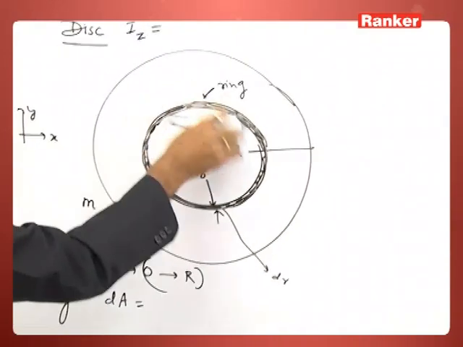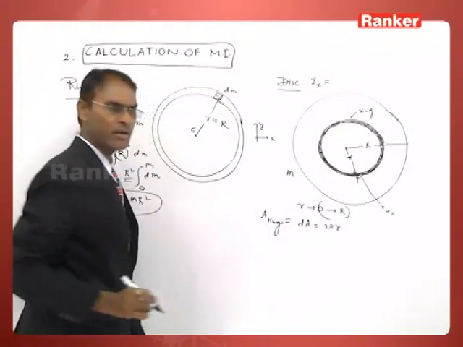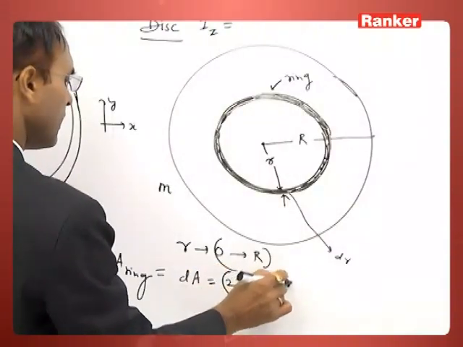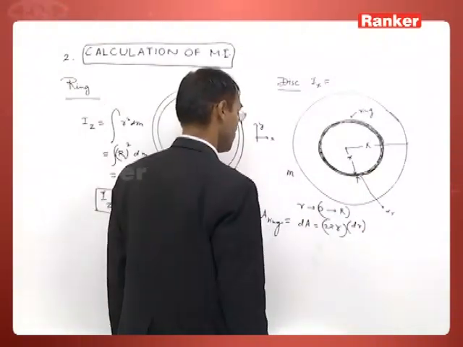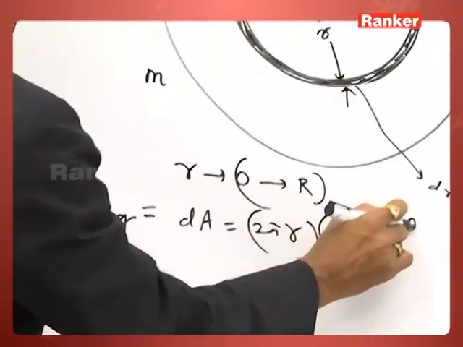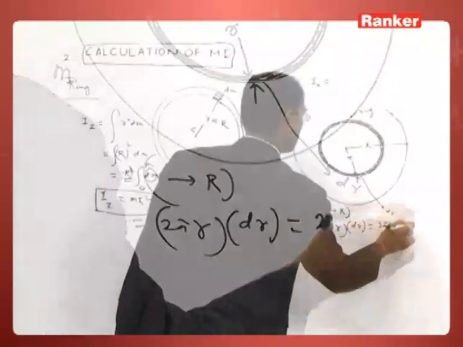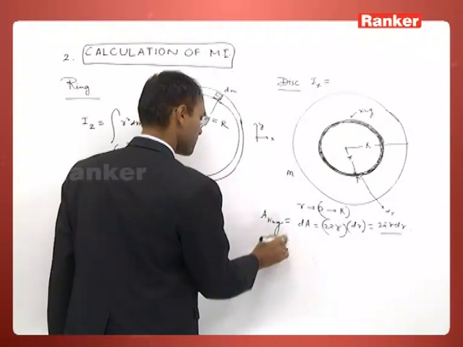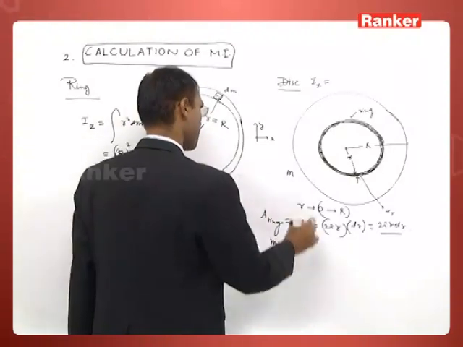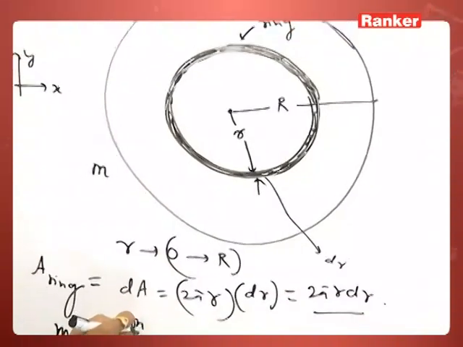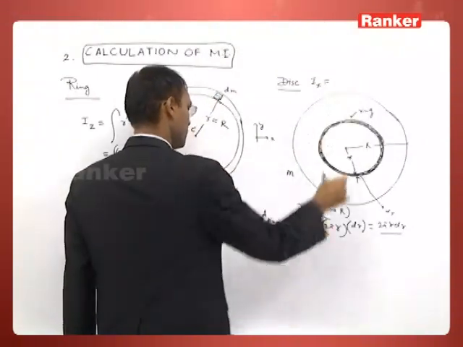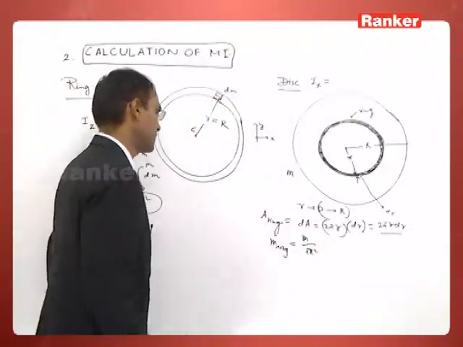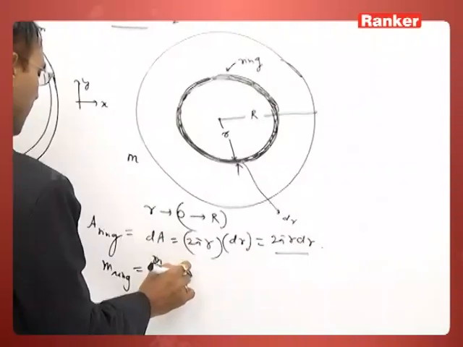That is equal to the length of the ring, that is 2 pi r, into the thickness of the ring, that is dr. That will be equal to 2 pi r dr. Mass of the ring is equal to the total mass of the disk upon the total area of the disk, that is pi R square, into the area of the ring.